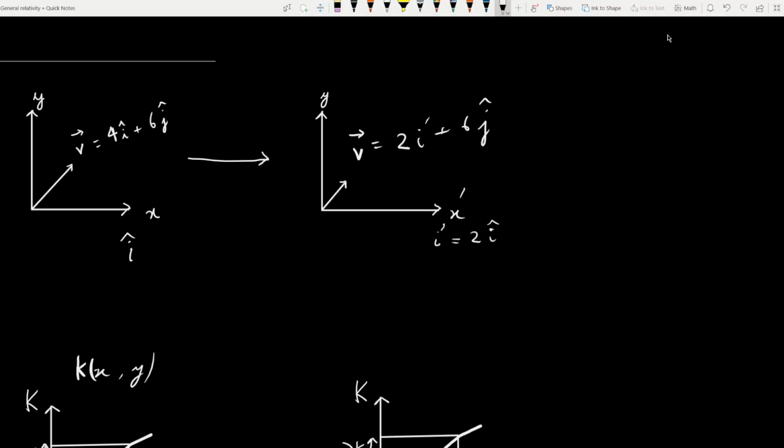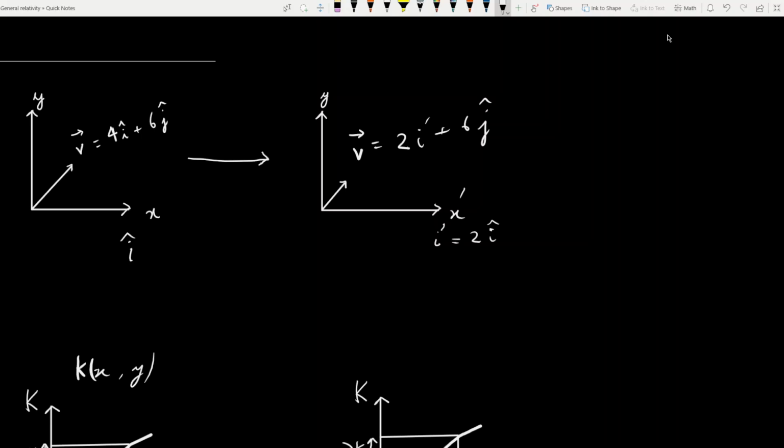So when we do the transformation, it turns out that the x component of the vector v is halved, but our transformation originally doubled the basis vector. So here we are seeing that our transformation is to get our x coordinate double, but the x coordinate of the vector gets halved.